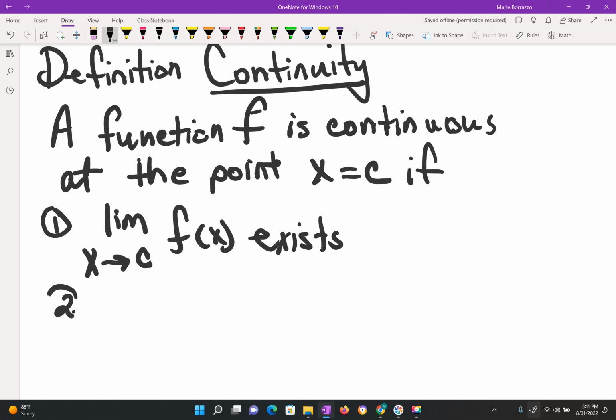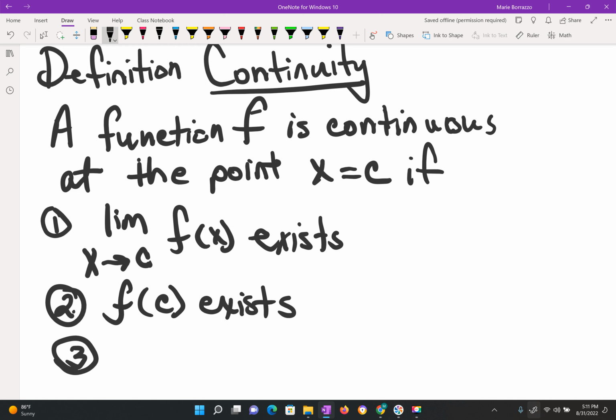The second condition is f of c exists. And the third condition is that the limit as x approaches c of f of x is equal to f of c.